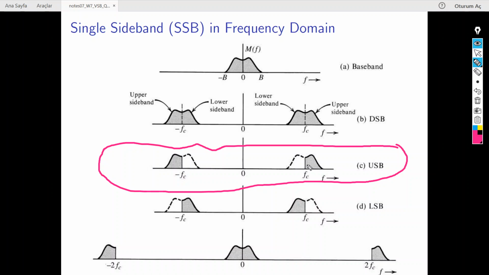When you multiply by cosine 2 pi fc, you will see another copy of the signal at this side, exactly this copy, the upper side.